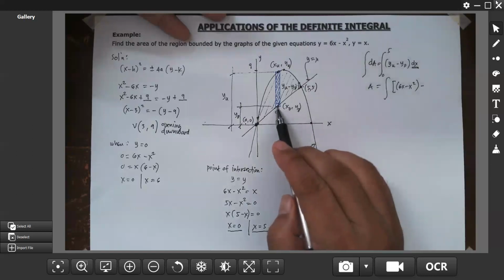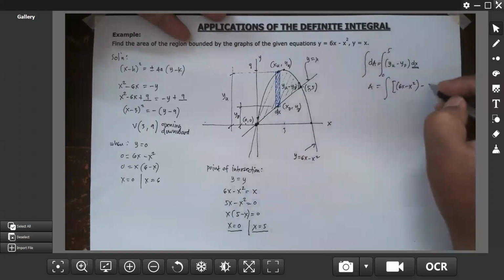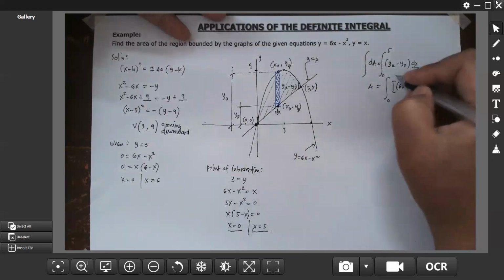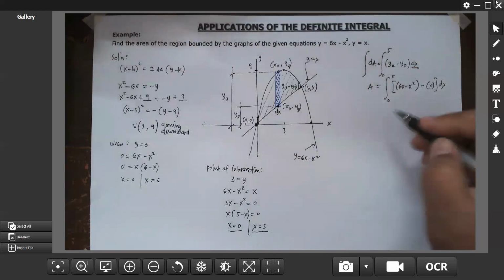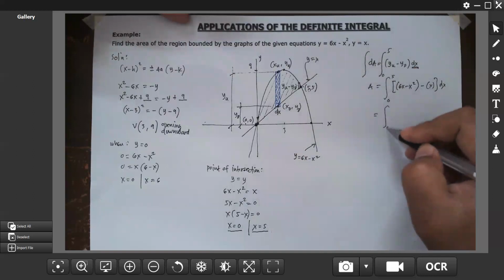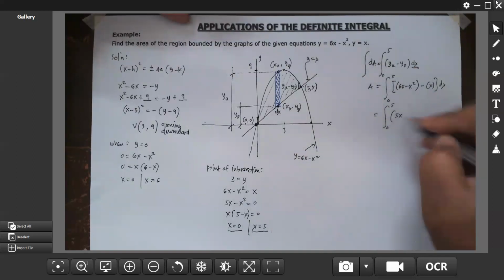Our down is line. The equation is y equal to x. So x lang dx from 0 to 5. So to simplify, let's combine like terms. Then we have 5x minus x squared dx.